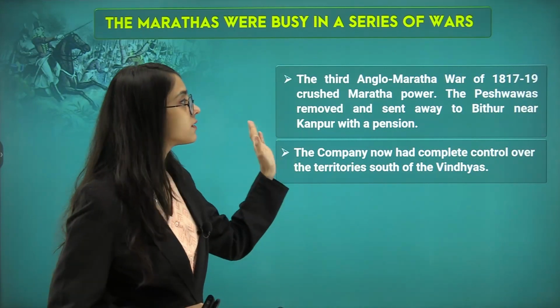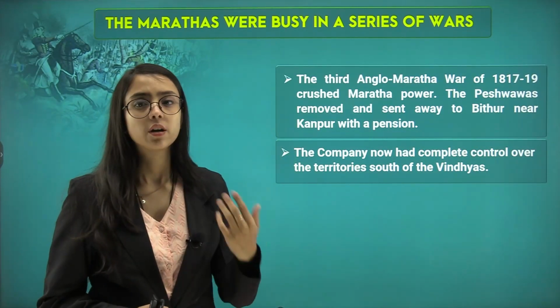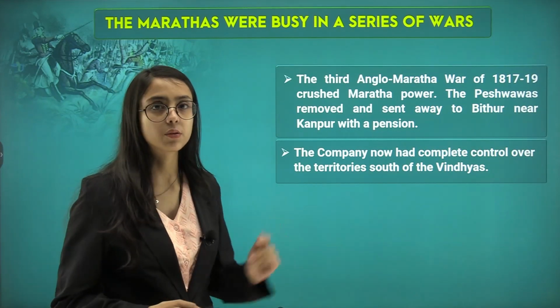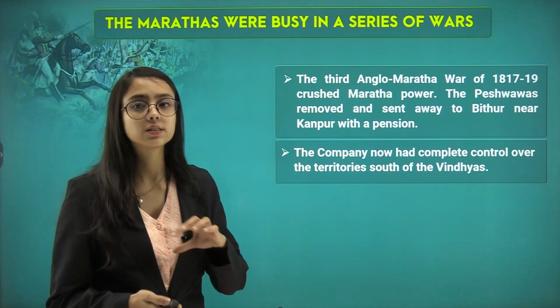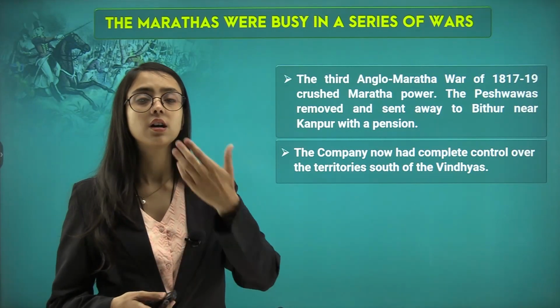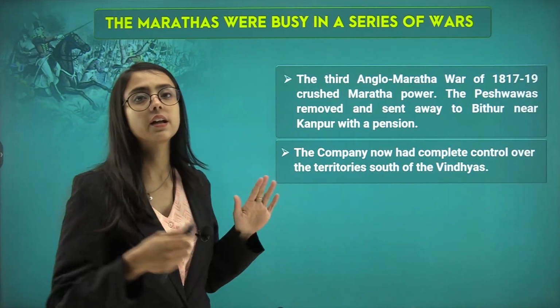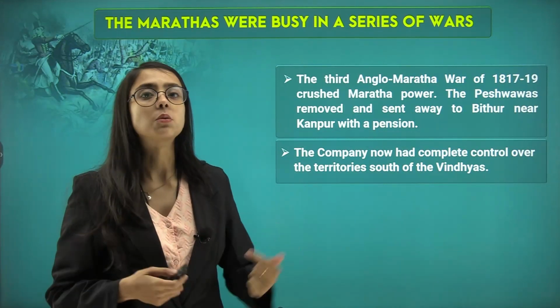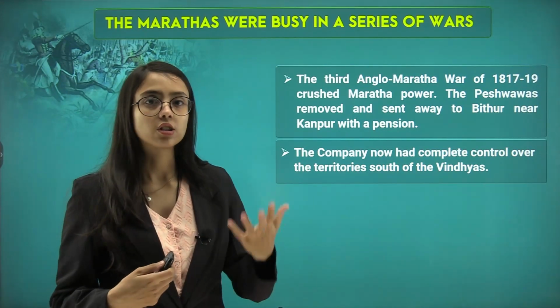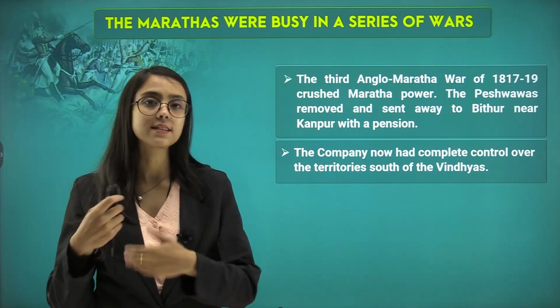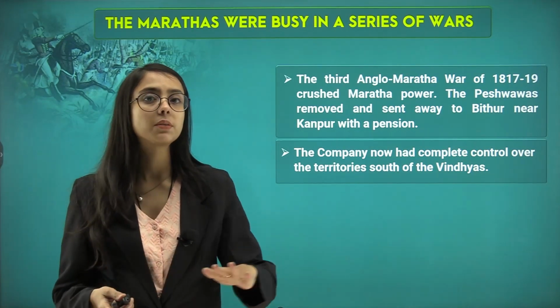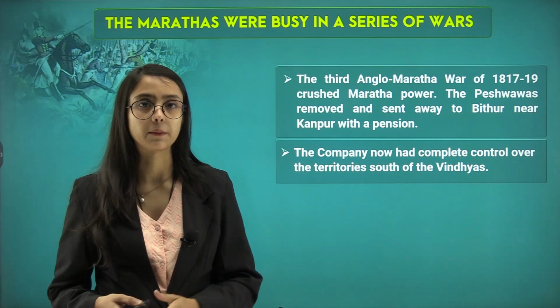The Peshwas were removed and sent away to Bithur near Kanpur with a pension. The company now had complete control over the territories south of the Vindhyas. As we have seen on the Indian map, the Vindhyas are the mountain ranges in the southern or Deccan Plateau. So the area south of the Vindhyas was completely controlled by the company.